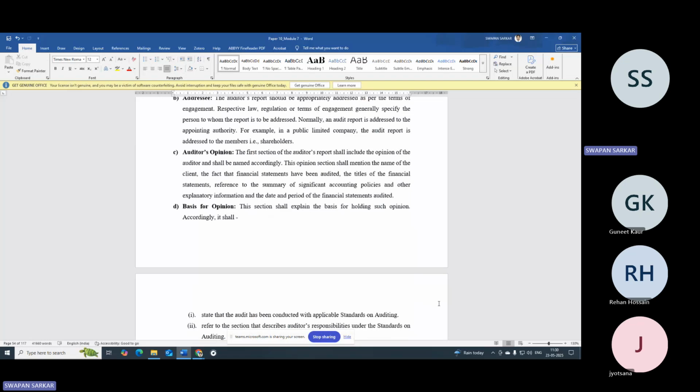This opinion section shall mention the name of the client, the fact that financial statements have been audited, the titles of each financial statement, reference to the summary of significant accounting policies and other explanatory information, and the date and period of the financial statements audited.